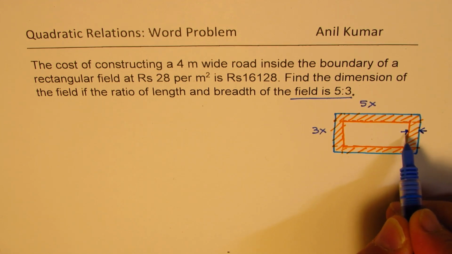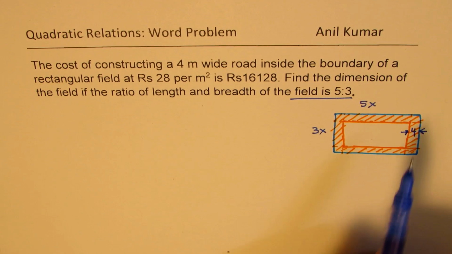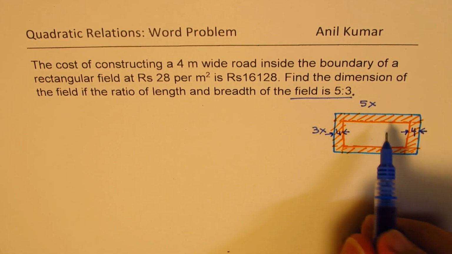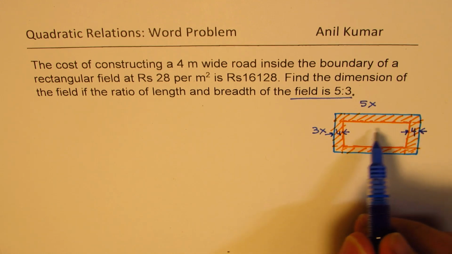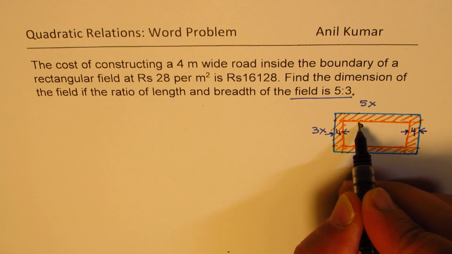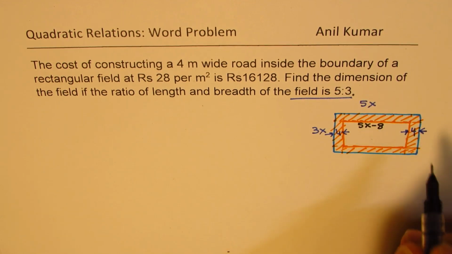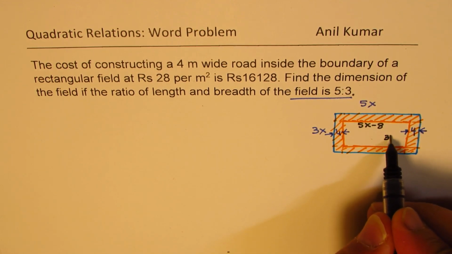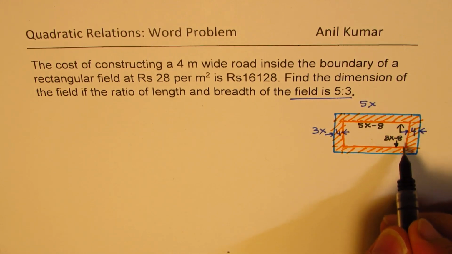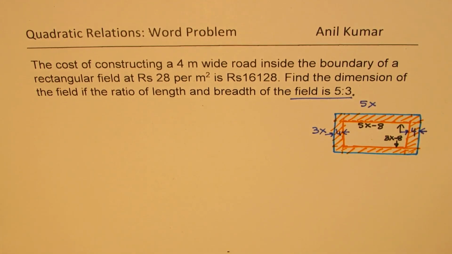If that is 4 and 4 is on this side also, what should be the inside length and inside width? Well, the inside length will be 5x minus 8, and here it should be 3x minus 8, since we have reduced by 4 from all the sides. All dimensions are in meters. Perfect.